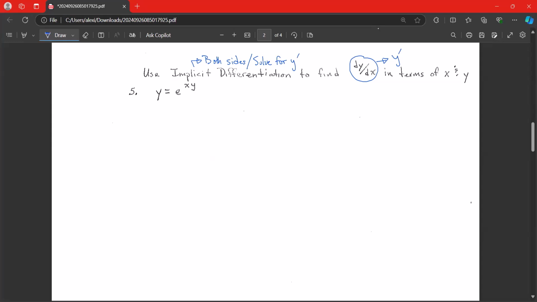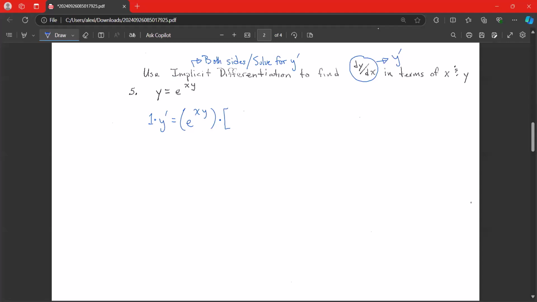The derivative of y is just 1 times y prime equals, well, the derivative of an e function, the rule is we'll just go ahead and rewrite the e function. Now we're going to multiply by the derivative of the exponent, the power, which is x times y, and that is a product, so we'll make sure to use product rule.